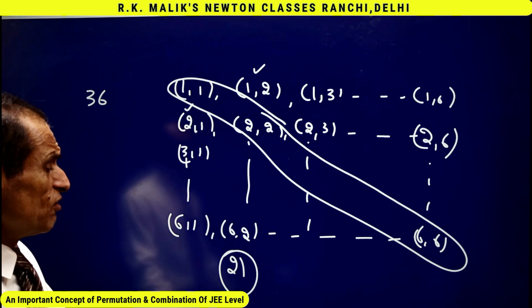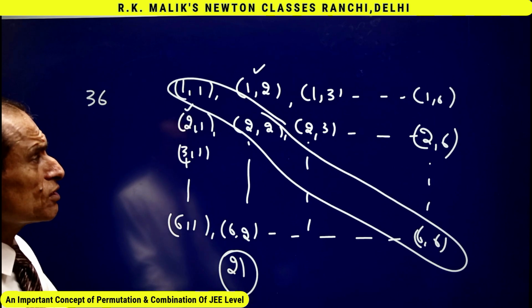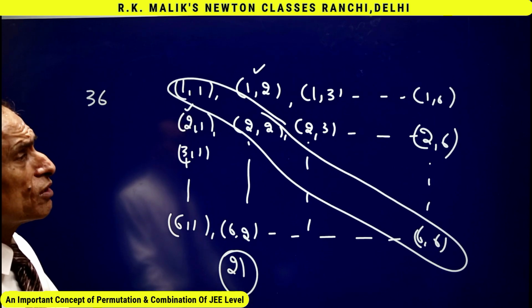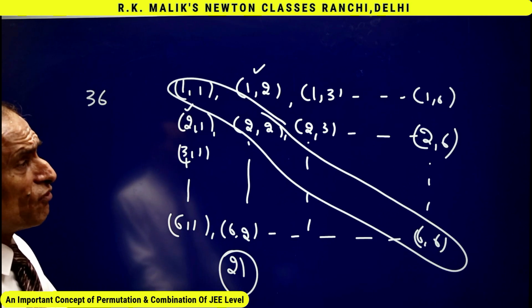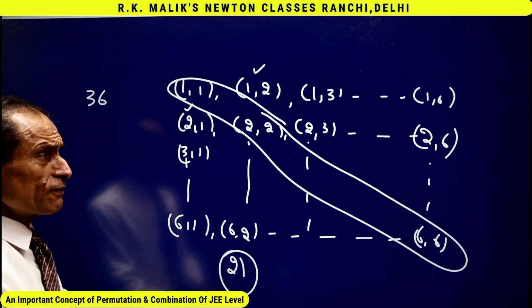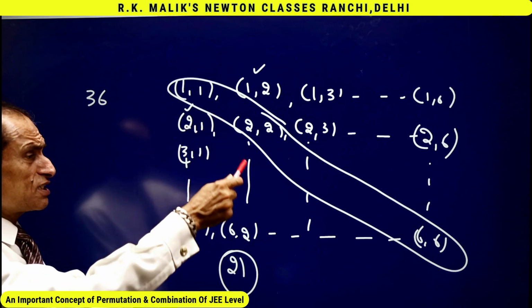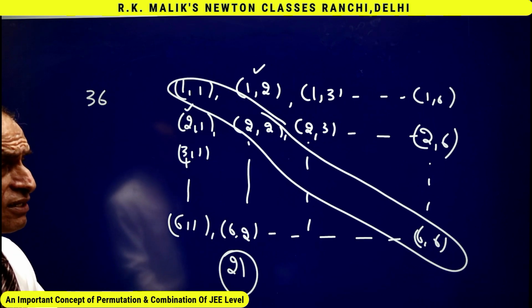But again, it is very difficult to find the number of outcomes if I say I have thrown 10 identical dice and now I say find the number of outcomes. It will not be possible for us to make this type of table in the case of 10 identical dice.